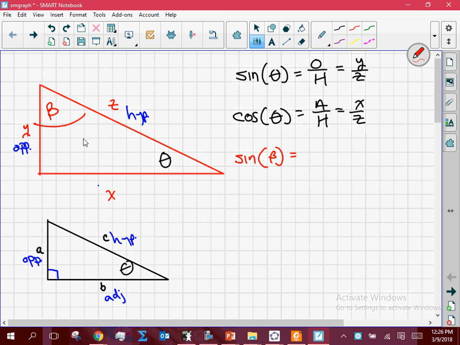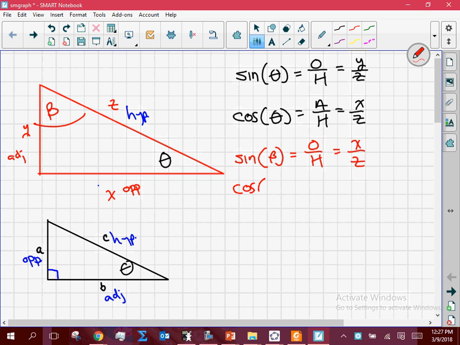X would be what for beta? It'd be opposite. Y would be adjacent, right? And z is still the hypotenuse. So if I look at a sine of beta, it's still opposite over hypotenuse, but for that angle, it's going to be x over z, isn't it? Does that make sense to everybody?